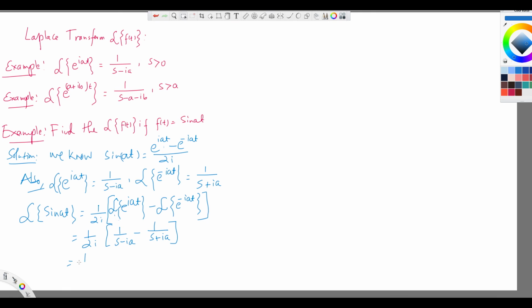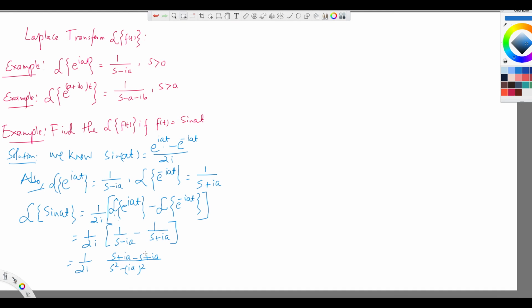How do you do that? 1 over 2i, and then the denominator is s minus ia times s plus ia, so it will be s squared minus i squared a squared. In the numerator you get s plus ia minus (s minus ia). You see why? Because of the negative sign, you should distribute it, and you get negative s plus ia.